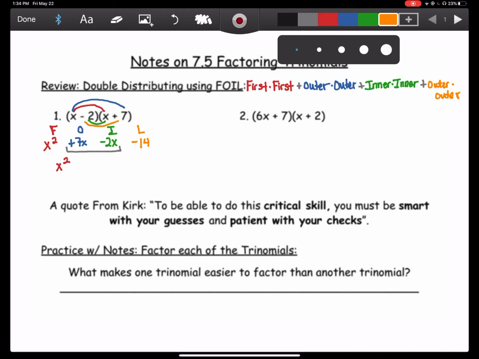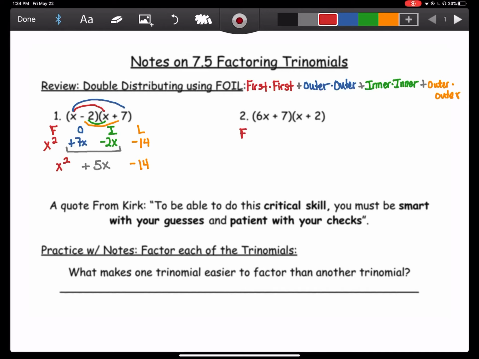We still have this constant or last term. It's not always a constant, but in this case it's a constant of negative 14. But the middle term becomes the combination of the outer and inner terms, and according to their signs, they create positive 5x. Okay? Now, let's try it again.